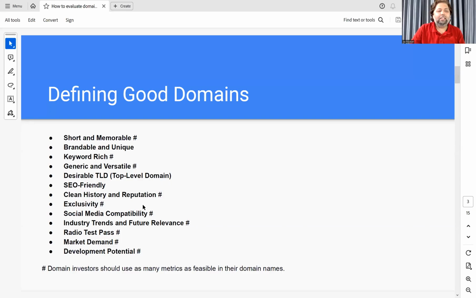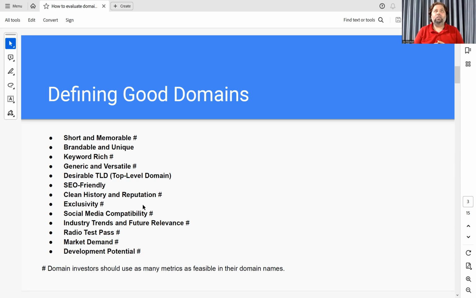So, clean history and reputation. See, before acquiring any domain name or before registering any new domain name, you should check whether that domain has a bad history or not. Sometimes people use a domain for spamming, for newsletter or email spam.